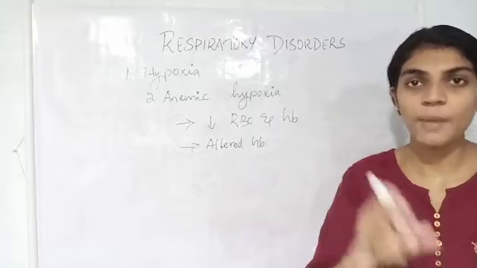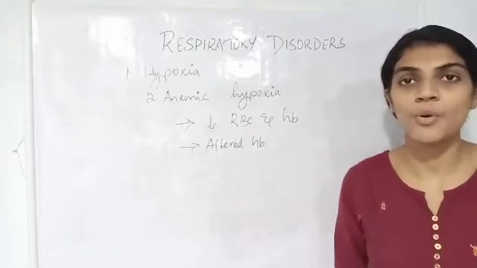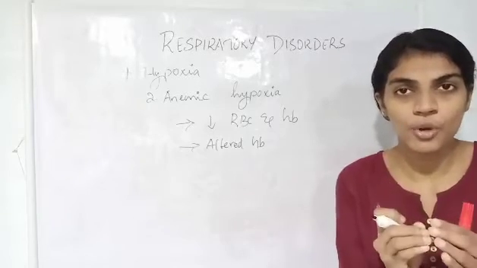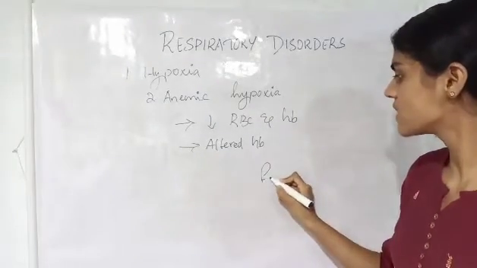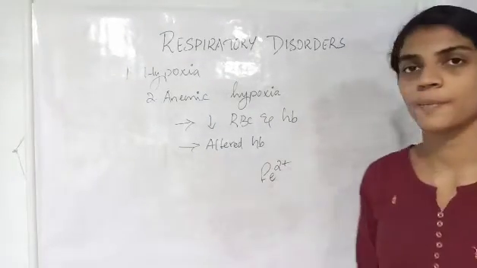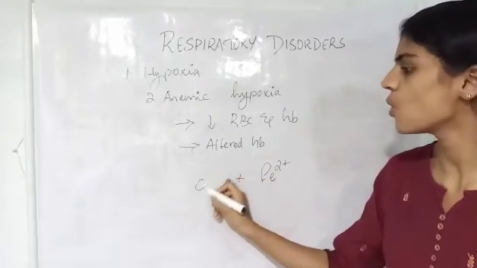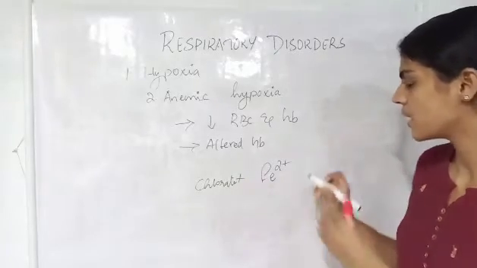But some chemicals will attach and will make this hemoglobin oxidized. We know that hemoglobin has an iron atom, right? It is in the ferrous state, Fe2+. By combination with certain other chemicals like chlorate and nitrate, what is happening?